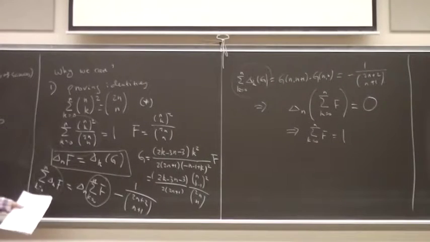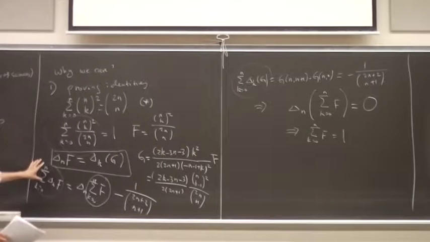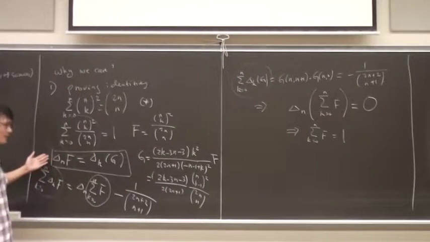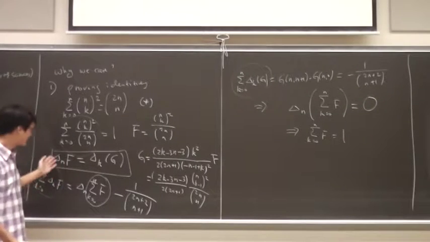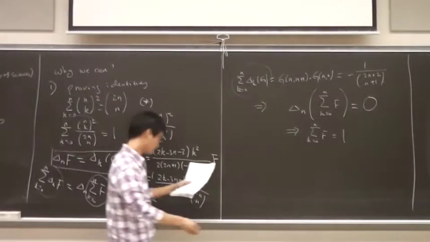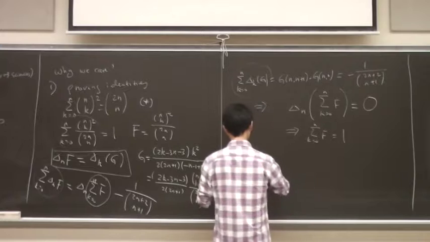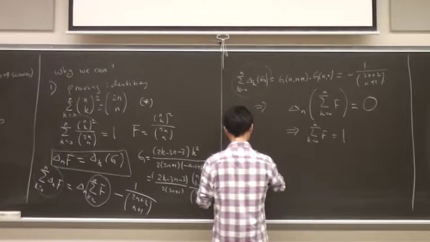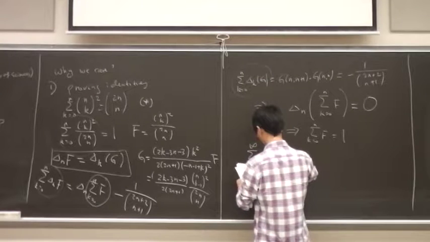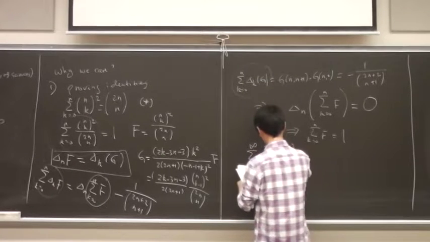Yeah, indeed. And then you see, what I did is I sum over this equation with respect to k, but you can also sum over with respect to n. By summing over with respect to n, you get a new identity, which I just write down. I will not prove this identity, which is the following. If you sum over this pair, not with respect to k, but with respect to n, you get a little bit complicated, but still nice.